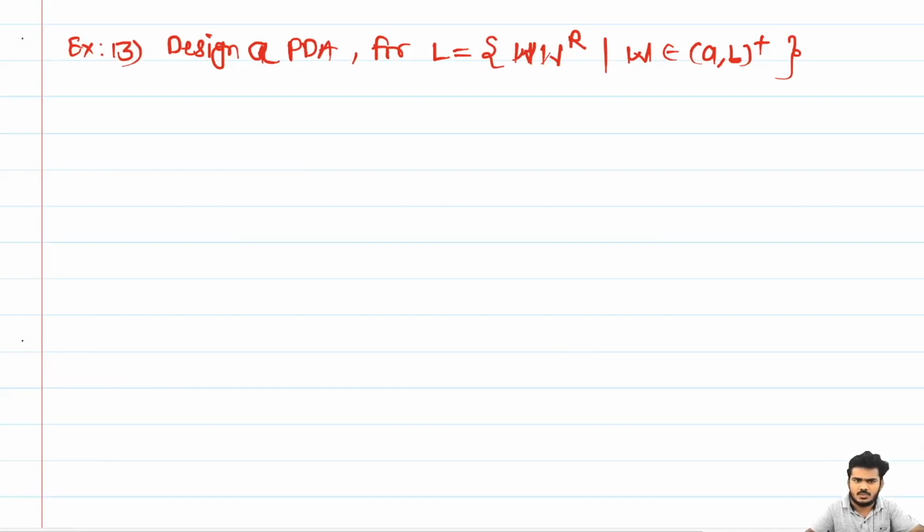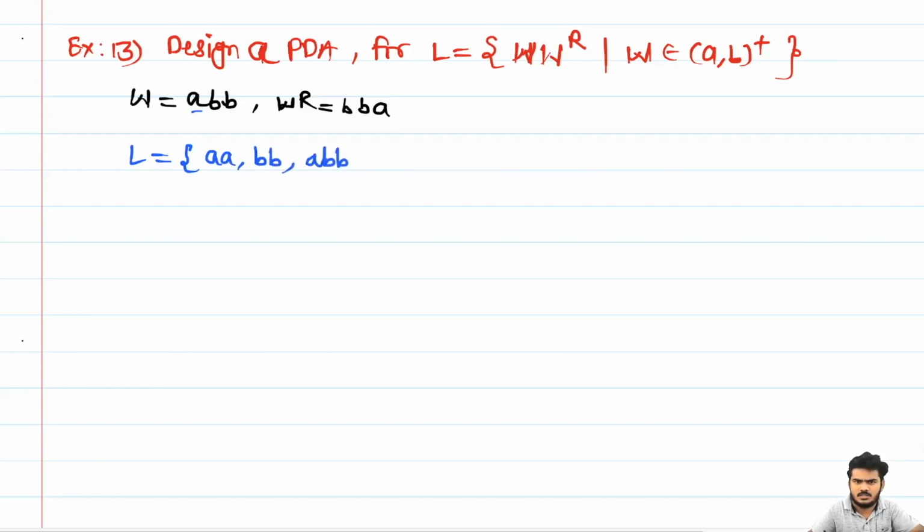For example, suppose W is abb, then W reversal will be bba. If we write the strings present in the language, the minimum length string will be aa, because epsilon will not be there, since plus is there.